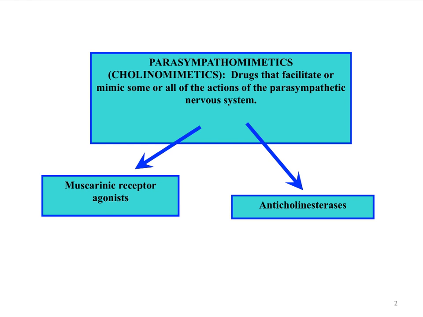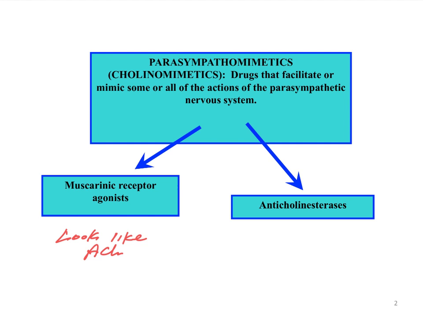So for drugs that actually stimulate the muscarinic pathways, we have two general mechanisms. Those that look like acetylcholine, and those are muscarinic agonists, and usually are drugs that are not acetylcholine because, as we learned, it's broken down by the plasma cholinesterases.